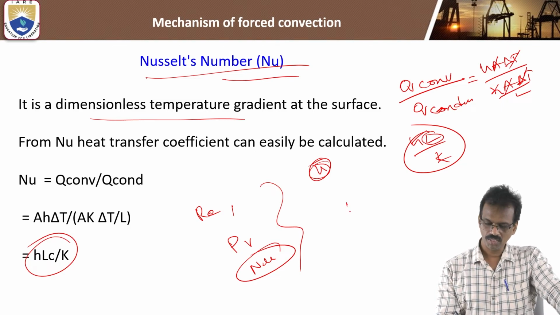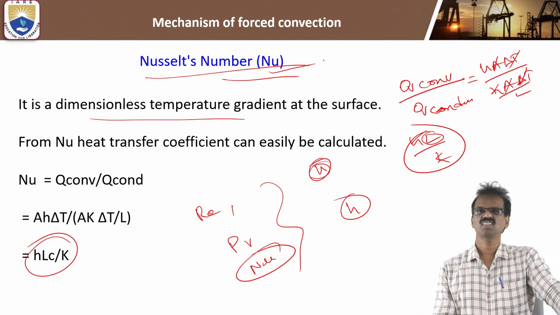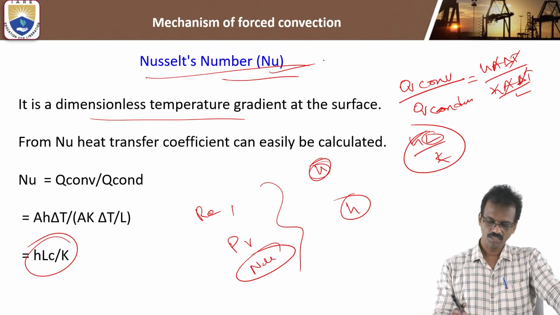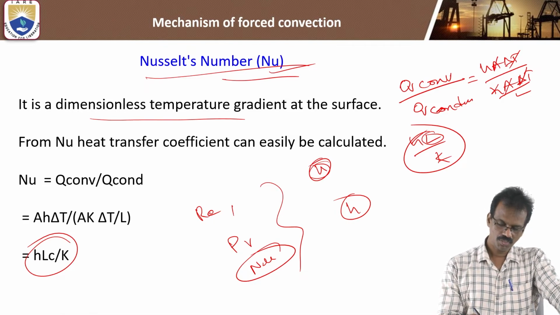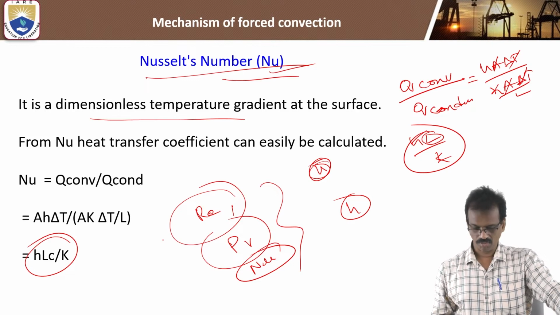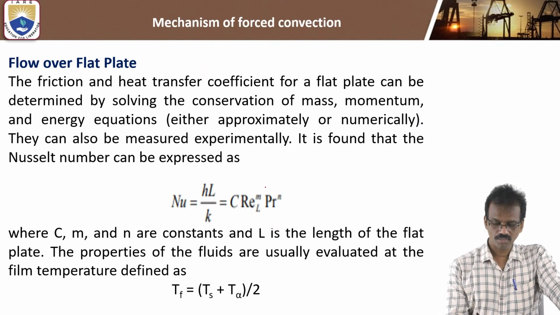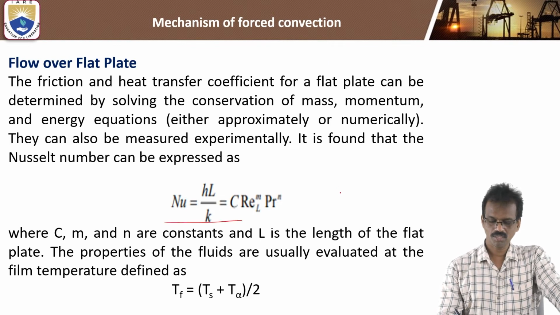By using this formula, you can find out the h. For finding h, you have to know the Nusselt value. But the Nusselt value has some formulas which are based upon the Reynolds number and Prandtl number. We'll see that one also. So this formula is very important: Nusselt is equal to h L by k.